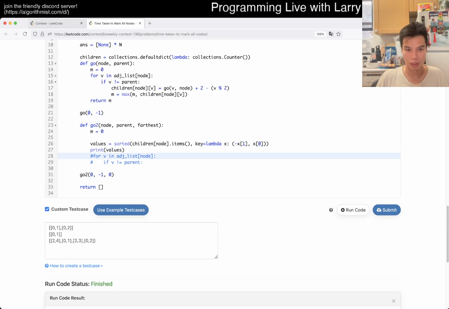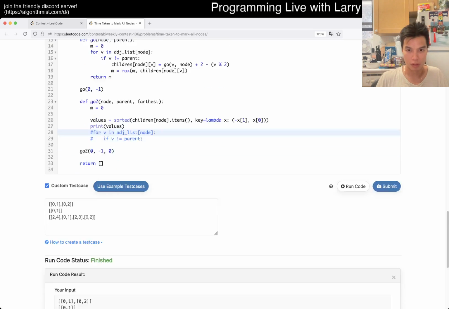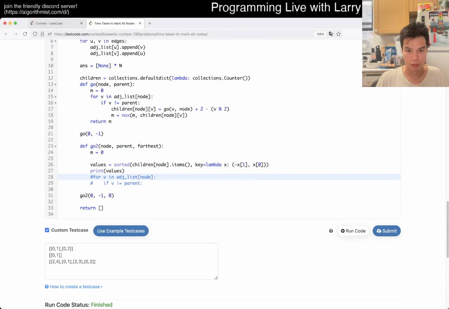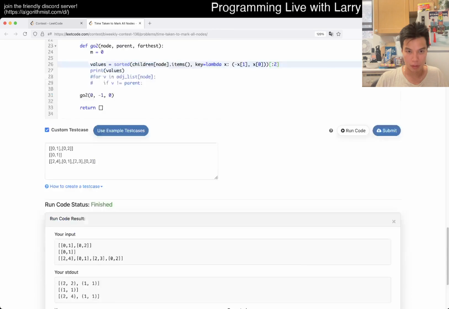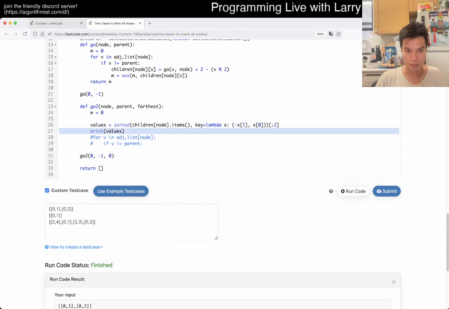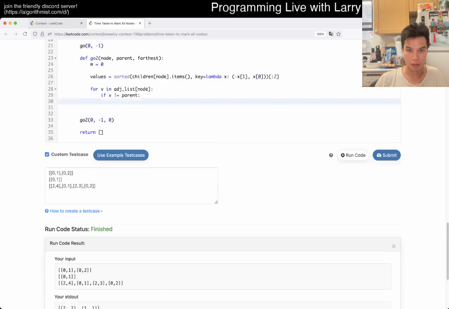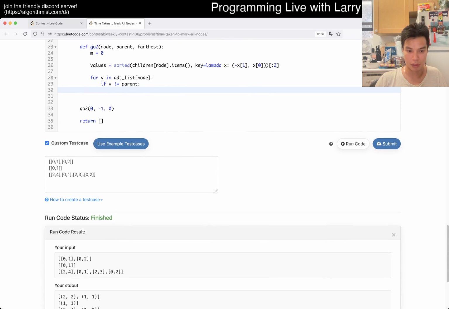So then now, okay, that's good. Is it? Yes, okay. So that's index. Okay.